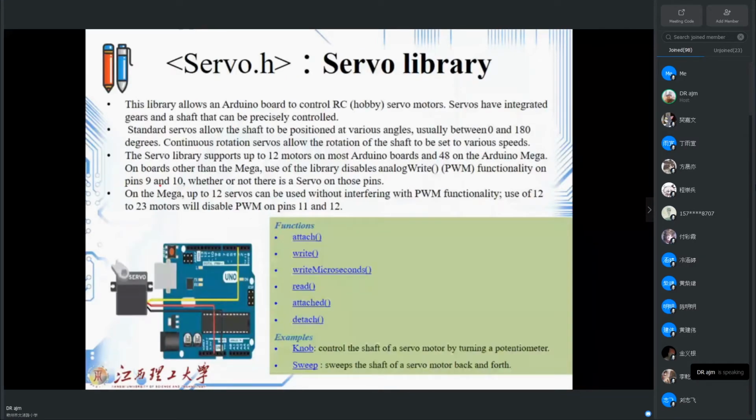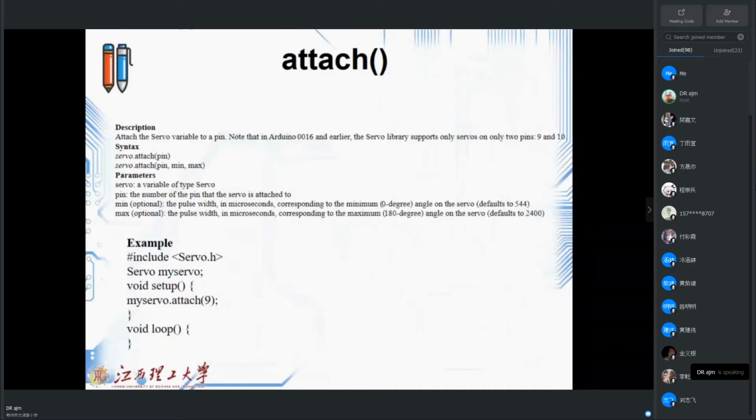The first function is attach, which is going to attach the servo variable to a pin. As you know, in Arduino, the Servo library supports servos only on pins 9 and 10. The format is servo.attach(pin) and servo.attach(pin, min, max), where min and max are optional; you can give the minimum pulse and maximum pulse in microseconds corresponding to the minimum and maximum, meaning 0 and 180 degrees.